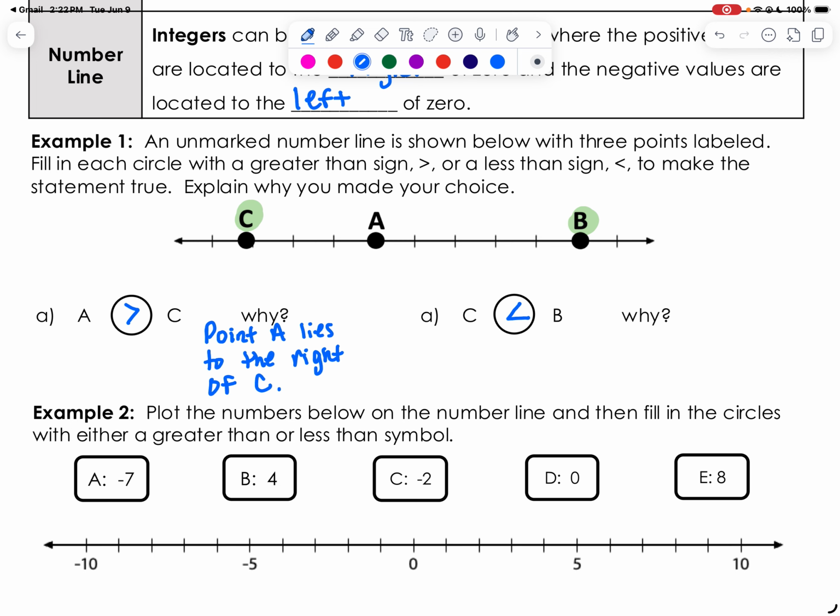Left is less than. And for the reason, because point C lies to the left of point B. So anything that lies to the right is greater, and anything that lies to the left is less than.